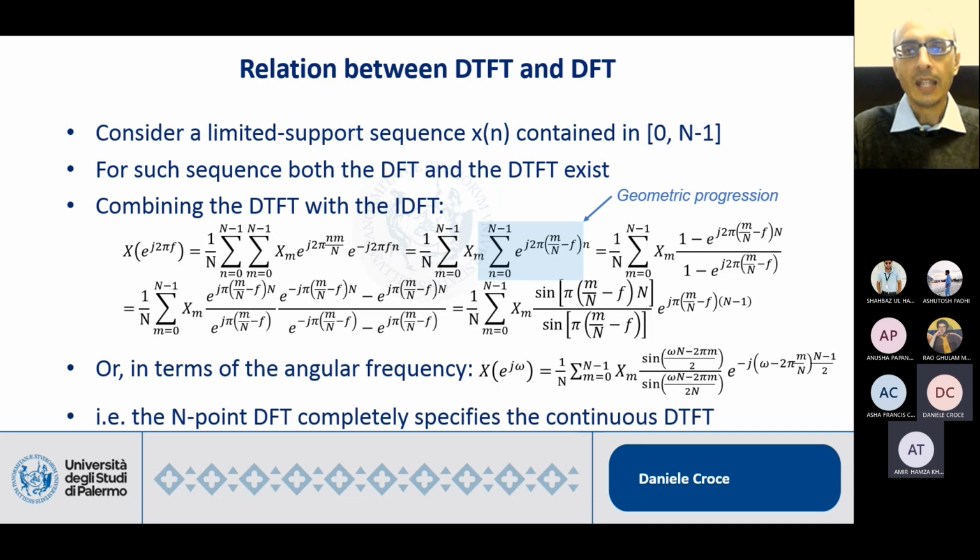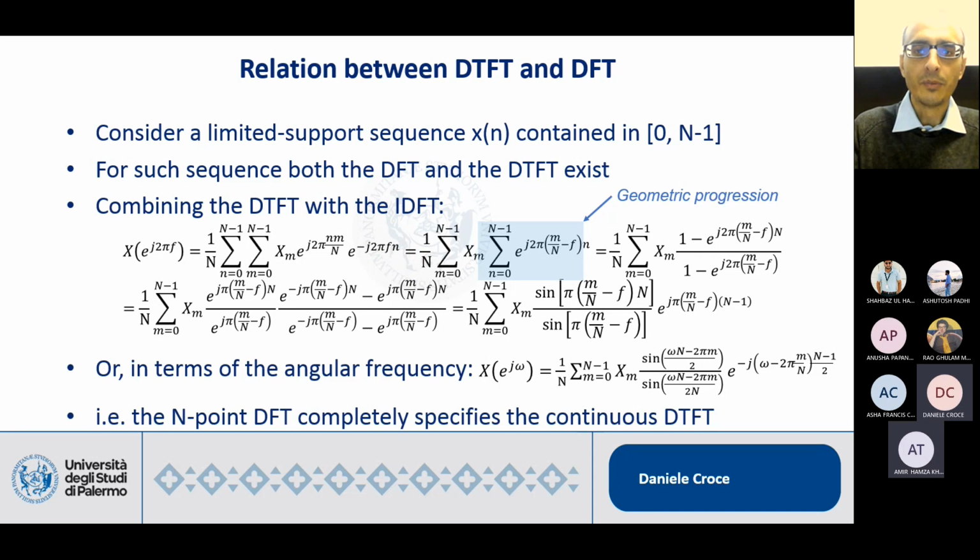Okay, and this is a geometric progression, and you know that the result of this geometric progression is what you see here on the last equation above, is 1 minus e to the j 2 pi times m divided by capital N minus f, times N, and divided by 1 minus e to the j 2 pi times m divided by capital N minus f. Okay?